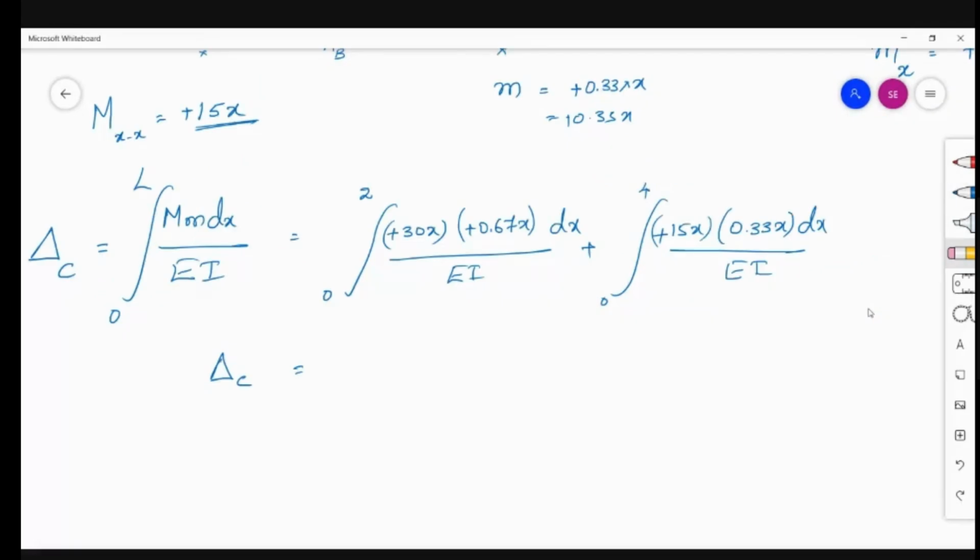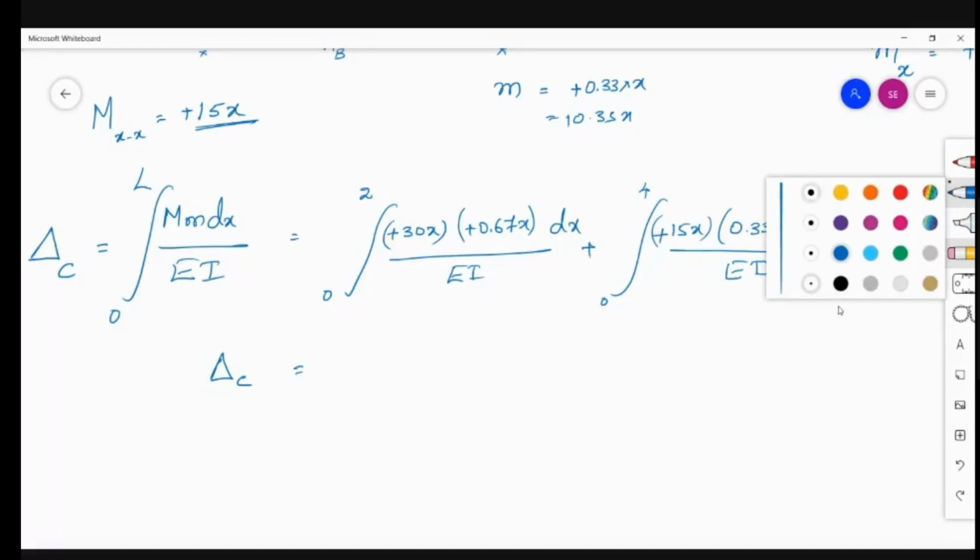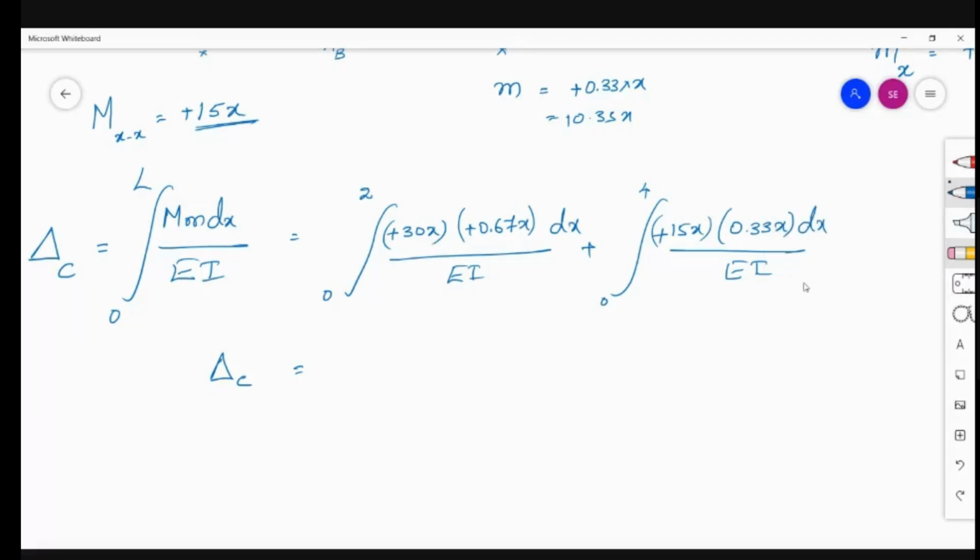In this step, 30 into 0.67, that is 20, plus 20 by EI upon integration of 0 to 2, x square into dx, plus 15 into 0.33, that is 5, 5 by EI, 0 to 4, x square into dx.